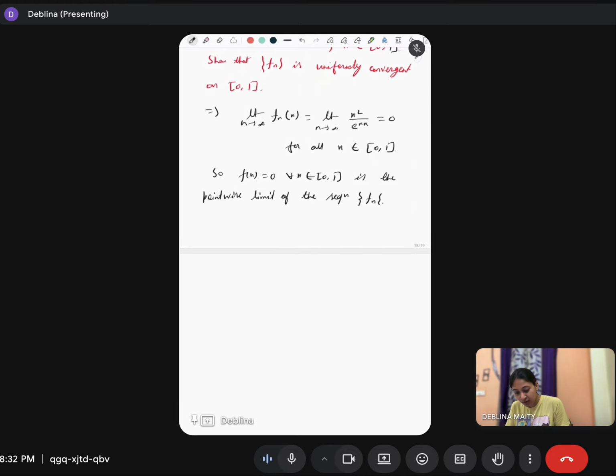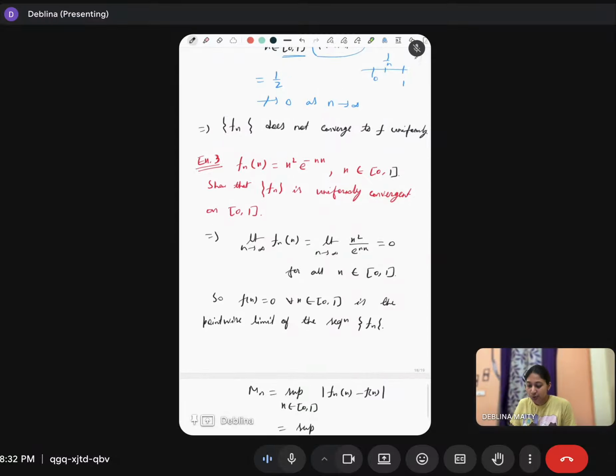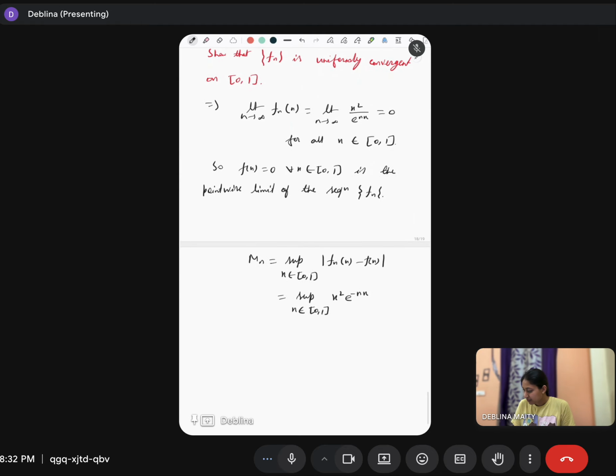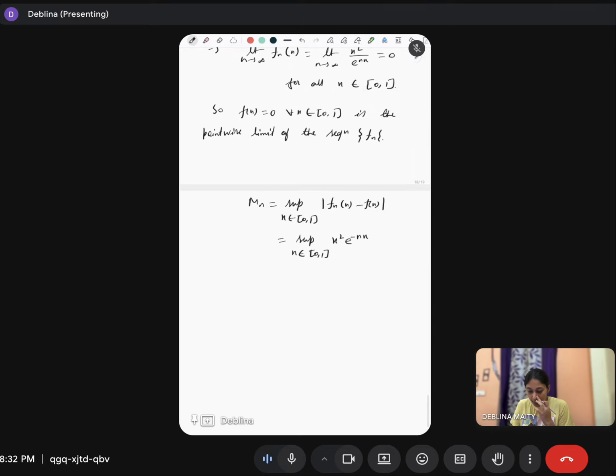Now we'll prove that it is also uniformly convergent. For uniform convergence, we have to check this Mn, which is supremum of x belongs to 0, 1 of mod of fn(x) minus f(x), right? Now since f is 0, it is supremum of fn(x), which is x square e to the power minus nx, a positive number. Now we have to find this Mn.